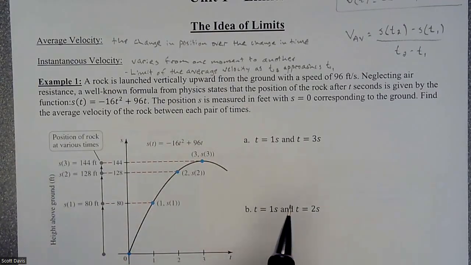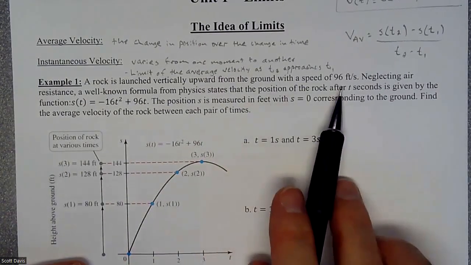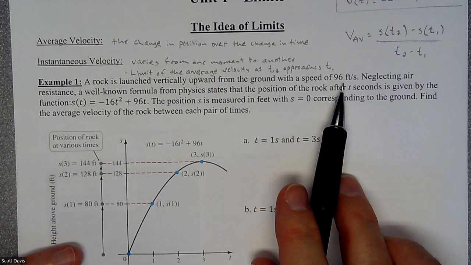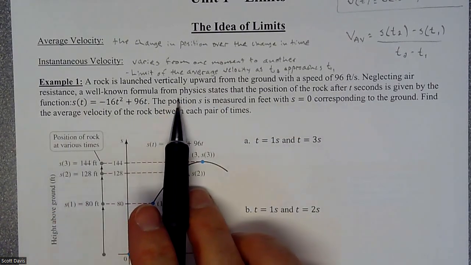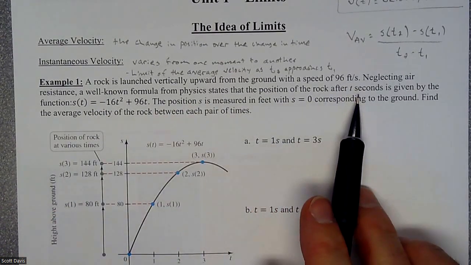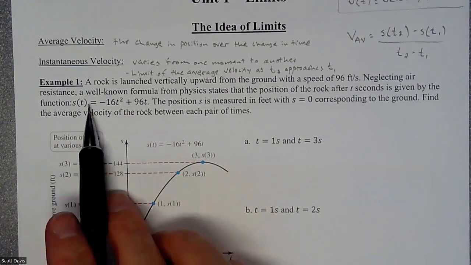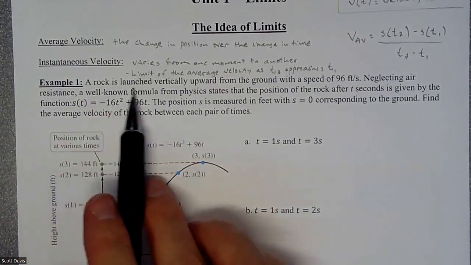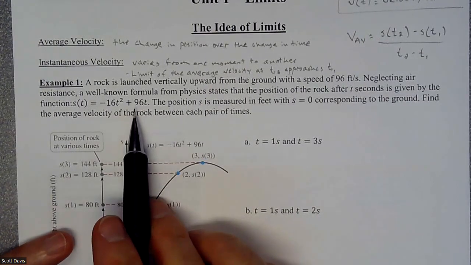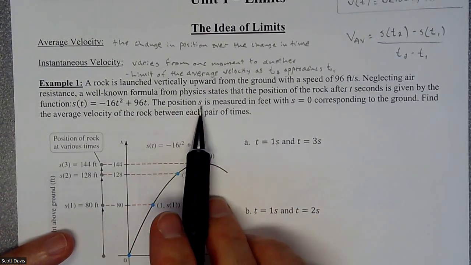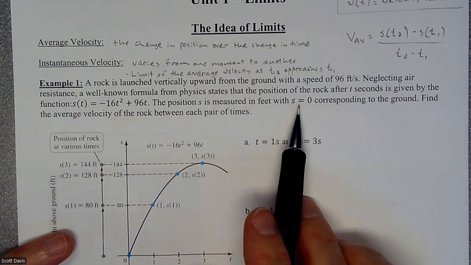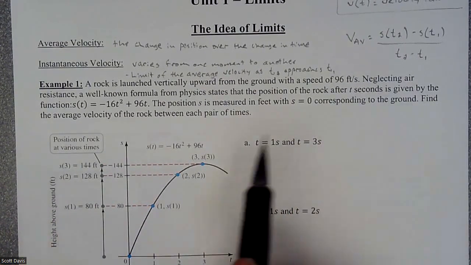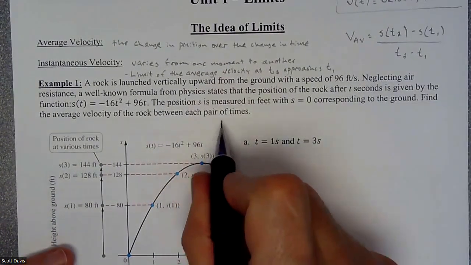We have a rock that's launched vertically upward from the ground with a speed of 96 feet per second. Neglecting air resistance, a well-known formula from physics states that the position of the rock after t seconds is given by this function. So our position function, and each of these pieces has meaning behind it. The position S is measured in feet. When S equals 0, that corresponds to the ground.